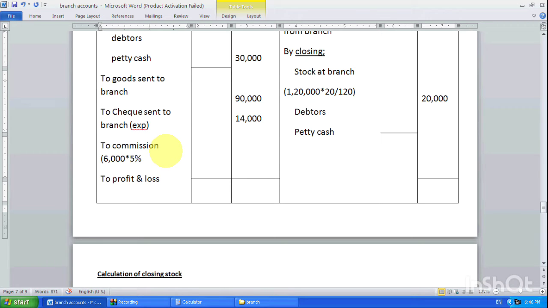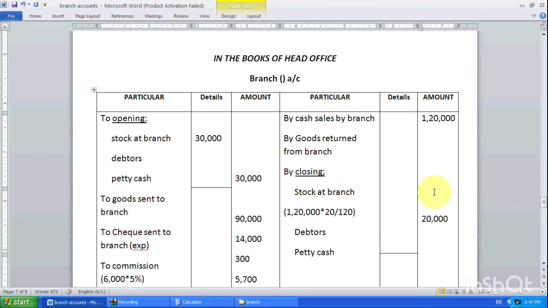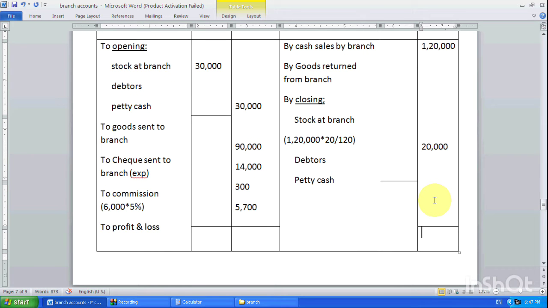How much? 10% is 600, 5% is 300. Now if we get overall 6,000, so if we deduct 300 manager commission, the remaining amount is 5,700. So we got the profit 5,700.